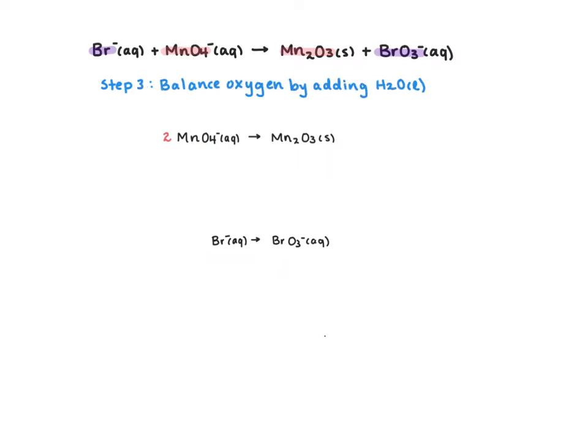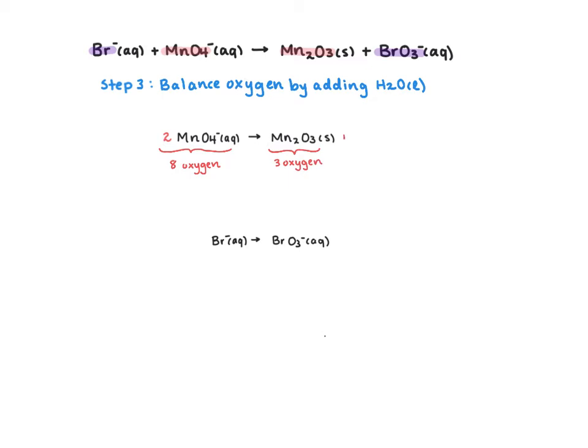Our next step is going to be to balance our oxygen atoms by adding water to the half reactions. So start with our manganese half reaction. We have 8 oxygen on our reactant side, 4 from each permanganate, and we have 3 oxygen on the product side.